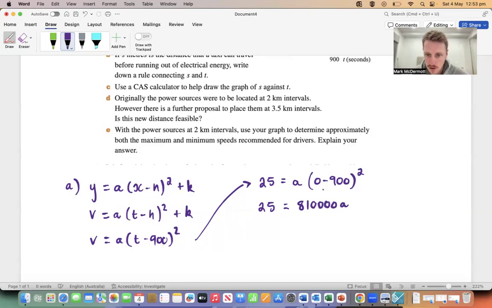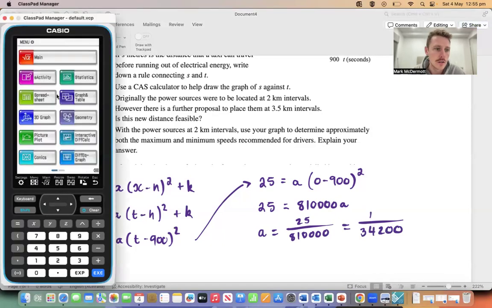I've done this a lot of times now, so I know that negative 900 squared is 810,000, but you have a calculator, so you can do that. And then we can get a equals 25 on 810,000. And that simplifies to 1 over 342,000, I think. Let me just double check that.